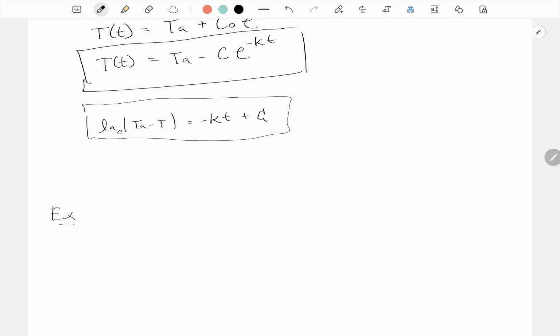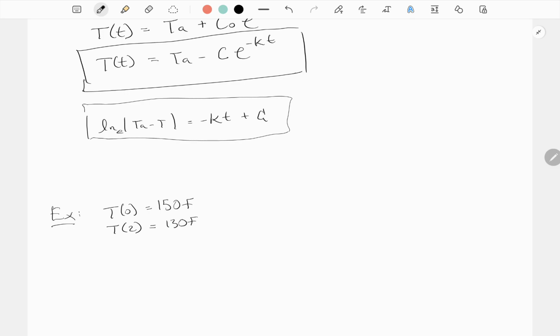Okay, in our notes, we have an example with a coffee cup. So we go to Tim Hortons, we get a coffee cup. The temperature when we get it is 150 Fahrenheit. So 150 Fahrenheit when we get it, then after 2 minutes we measure the temperature and it's 130 Fahrenheit.